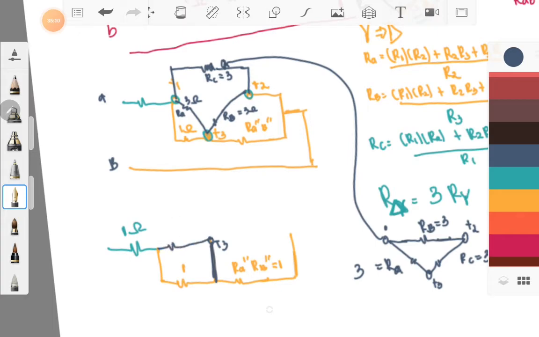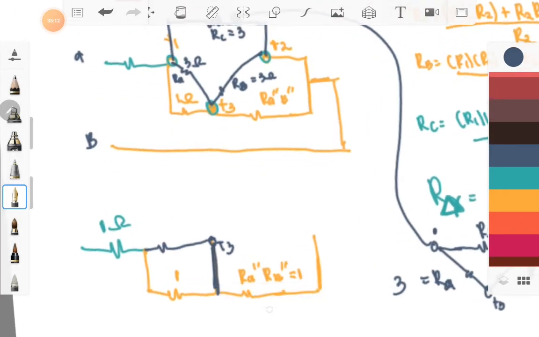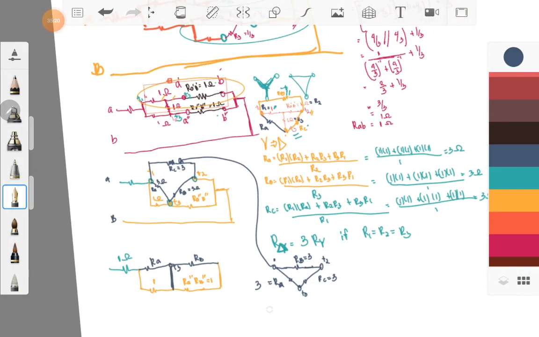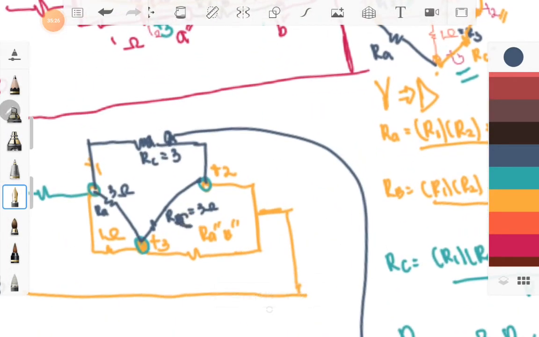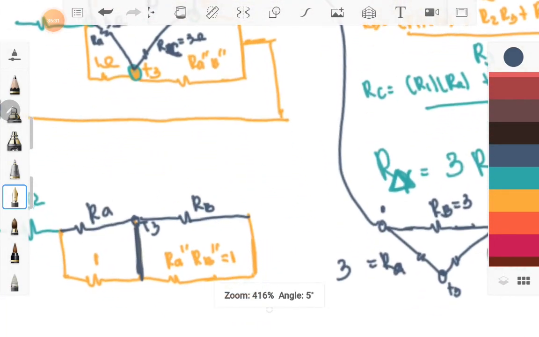Then our R3, RA, this is my RB, and our RC. This is our RC, this is our RB, so that we won't be confused with the connection.